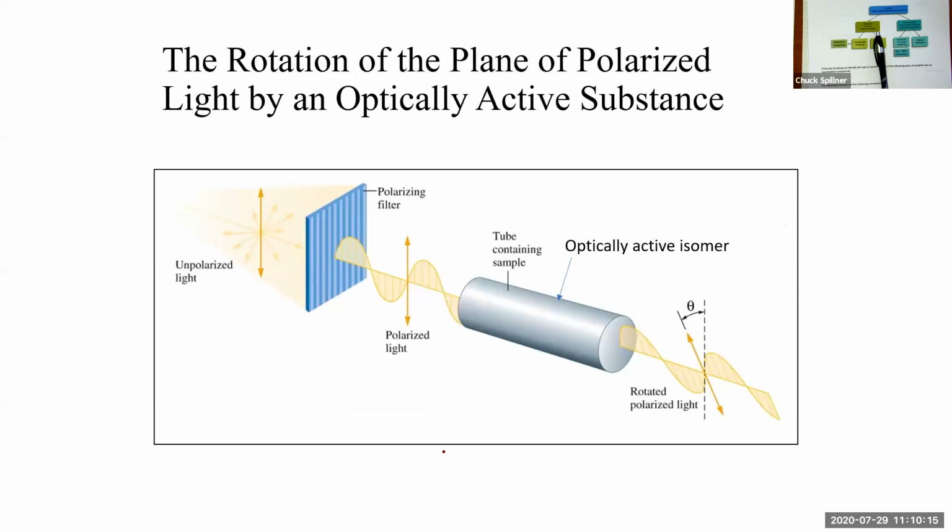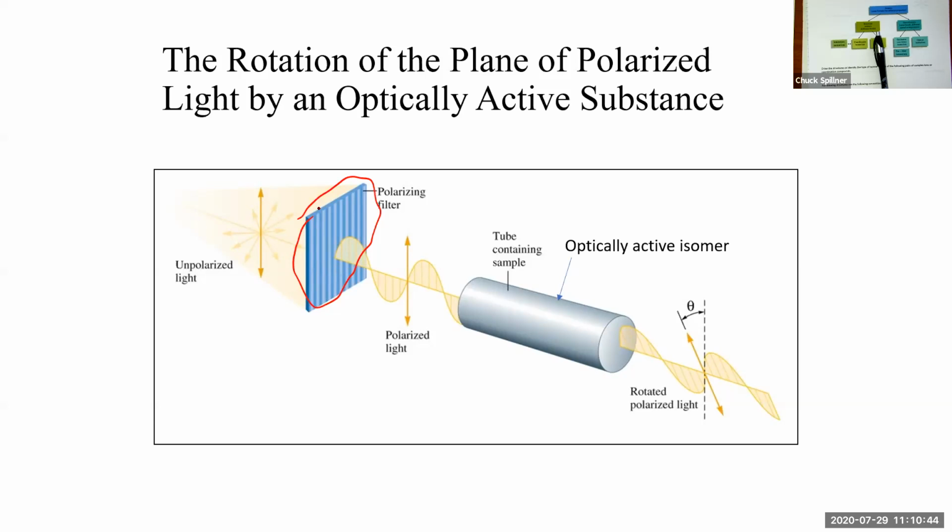So what is plane polarized light, first of all? Natural light has wavelengths in all directions. They just appear to come at you from all angles, if you will. But if you put a polarizing filter in the path of the natural light, the filter is kind of like a grating.